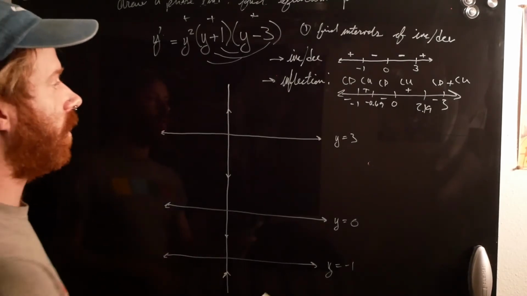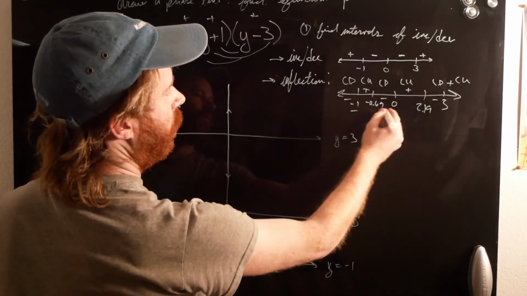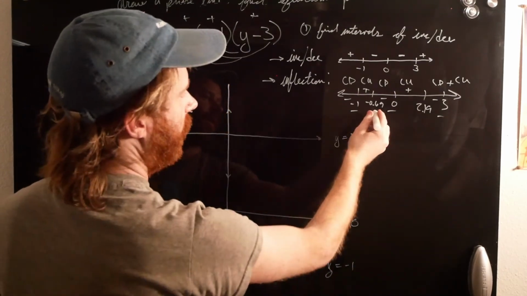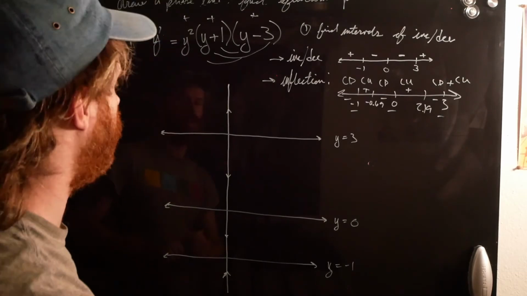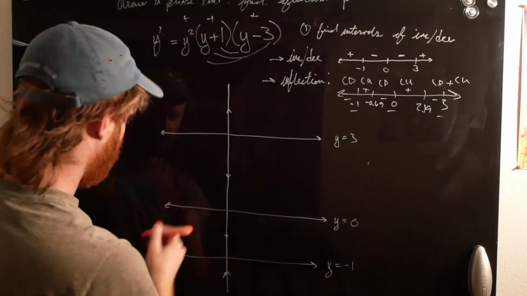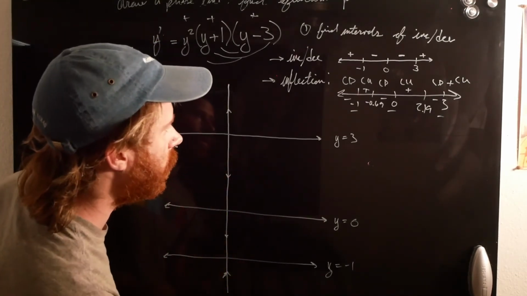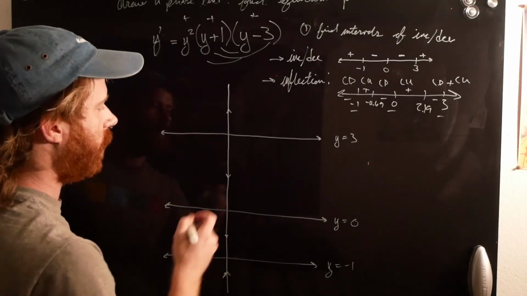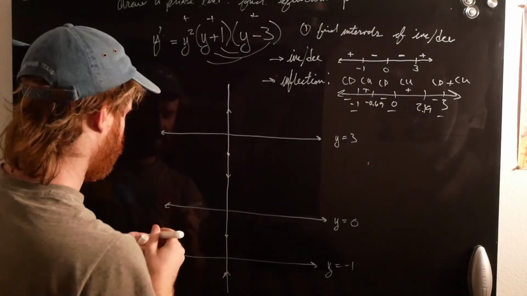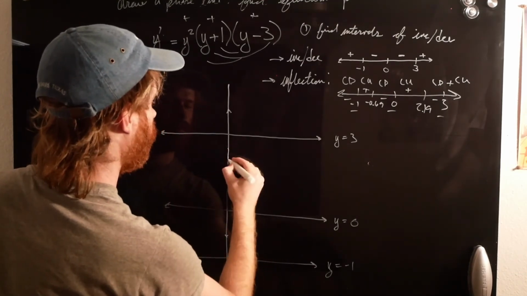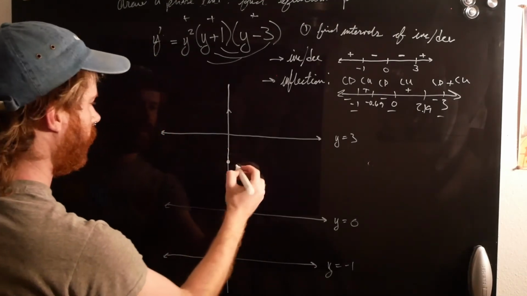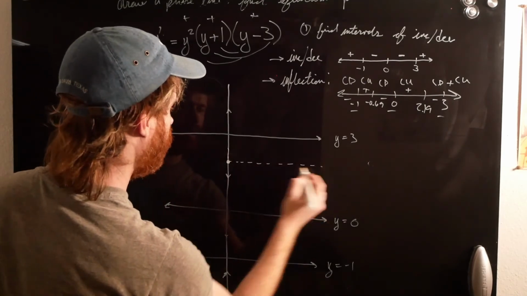So then we draw our inflection points. We already have negative 1, 0, and 3, but we need to include negative 0.69 and 2.19. So 2.19 is going to be like right here. I'll draw it a little lower. So this is 2.19.